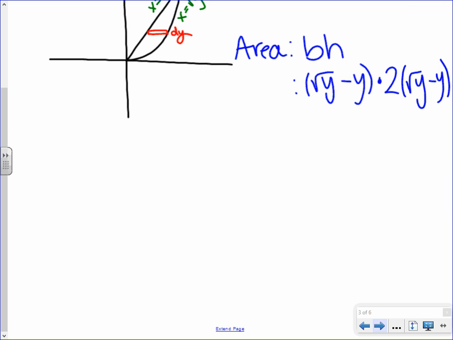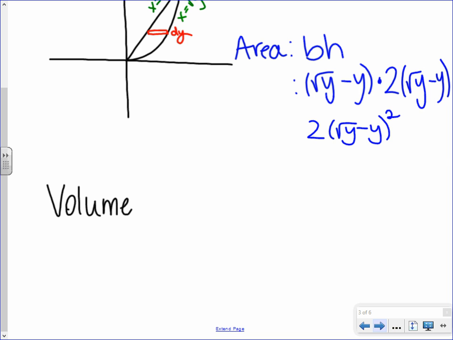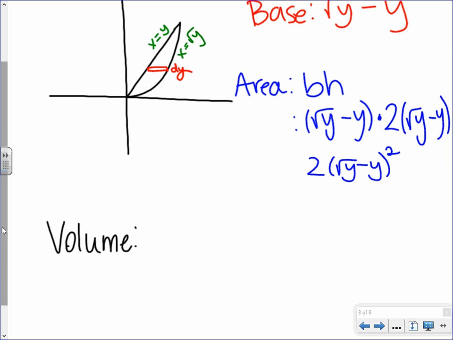So could we really just write this as 2 times radical y minus y, the quantity squared? Are you okay with that? Okay, so then our volume is the integral.